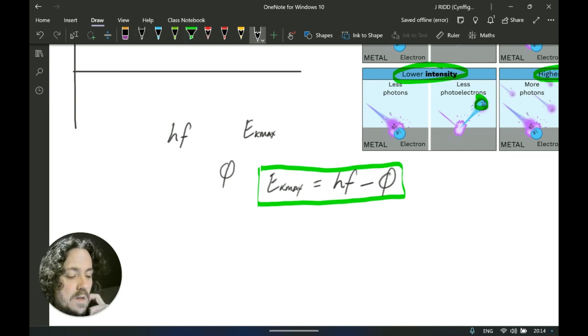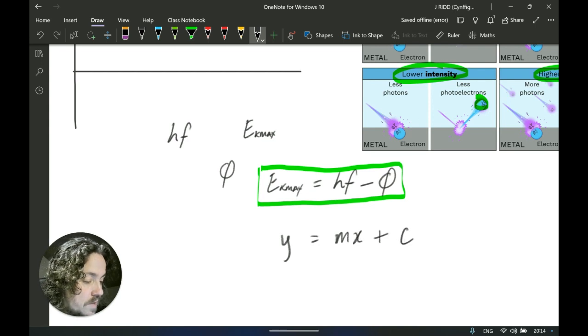We're going to compare this to y equals mx plus c, as we do so often. In that situation, Ek max would be on the y-axis. Now h we've already mentioned before, that's Planck's constant. f is the frequency, so if we adjusted the frequency as another variable, that would be like our x.